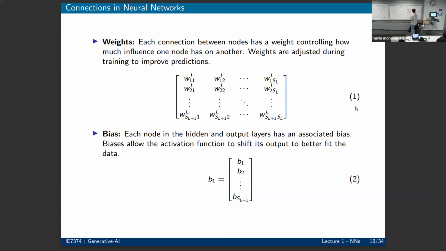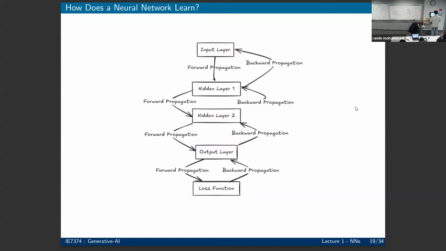This becomes a vector of BL1, BL2, BL3. The size of this is the size of the next layer, because you're connecting to the next layer. So it becomes SL plus 1 times 1. So that's the weights, and those are the biases.